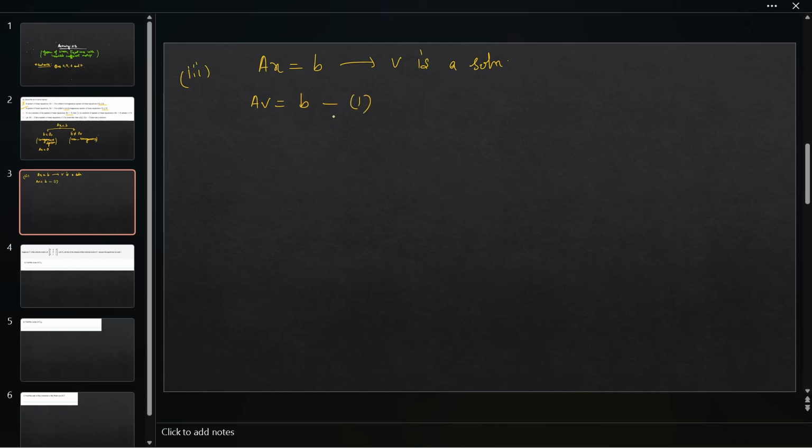Now, if we have this equation AV equal to B, then we can multiply 1 by C on both the sides, given C is not equal to 0.